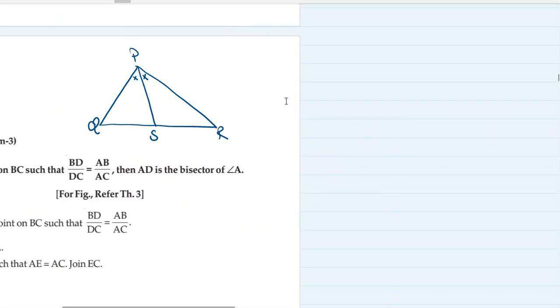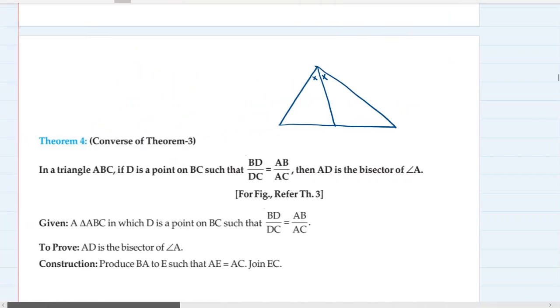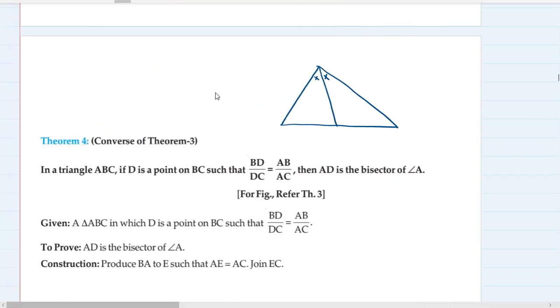And let me just change the name. Okay, so in my question, the names are like this: triangle ABC, and AD is the angle bisector.